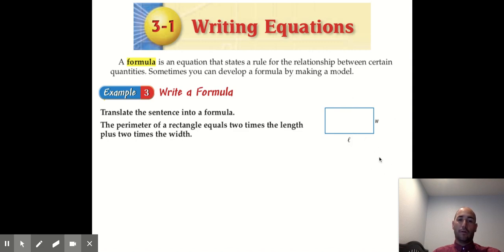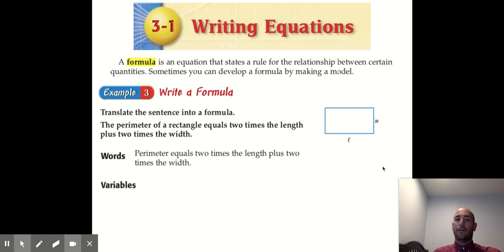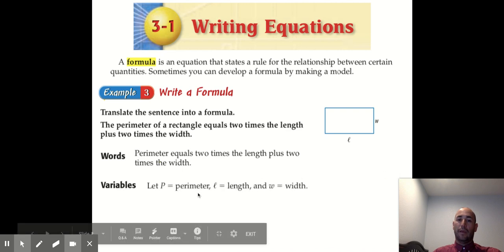If I write this out in words, the perimeter equals 2 times the length plus 2 times the width. So my variables are L and W, and P is my perimeter.